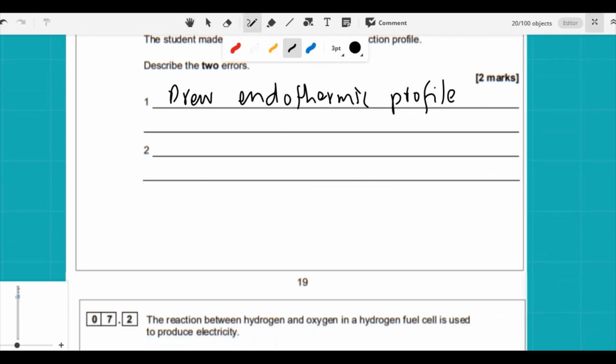So you can write here that the activation energy should be from the reactants.